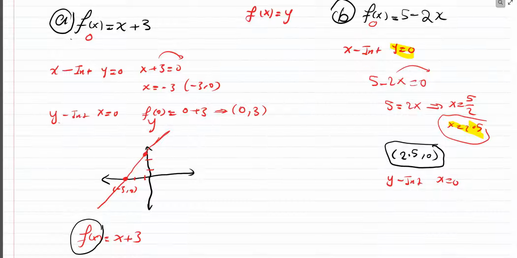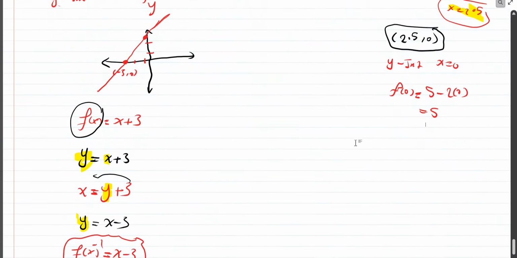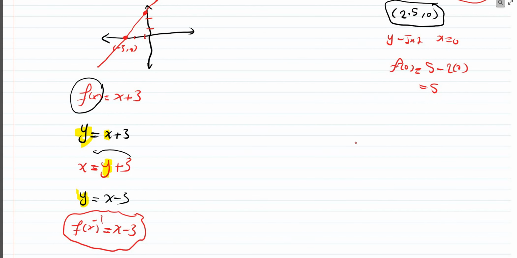When x is 0, we will get directly f of 0 equals 5 minus 2 times 0, which equals 5. So we got the other point, 0 and 5. So we have 2 points, 2.5, 0 and 0, 5.